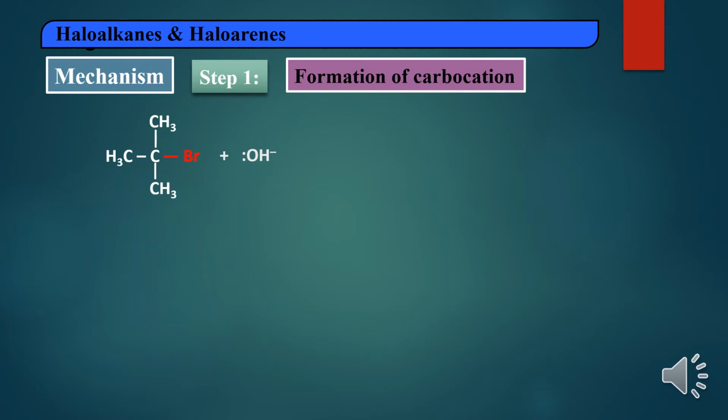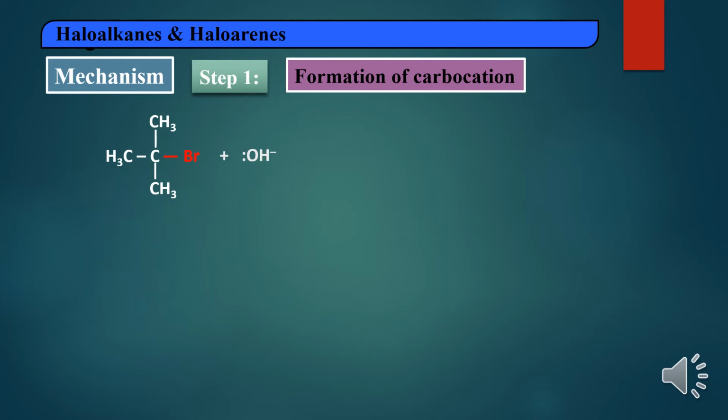So tertiary butyl bromide is there in the presence of polar solvents, and it undergoes ionization. But unlike the SN2 mechanism, tertiary butyl bromide does not directly react with the OH⁻. OH⁻ has to attach to the carbon atom where the halogen is linked, so it has to reach that carbon atom. Due to the presence of bulkier groups, there are 3 CH3 groups in tertiary butyl bromide.